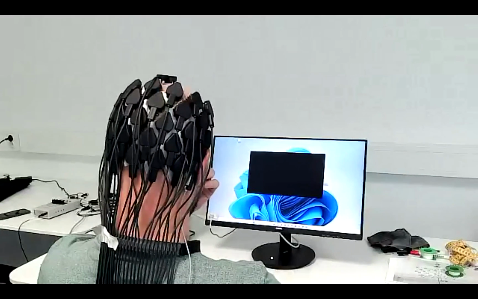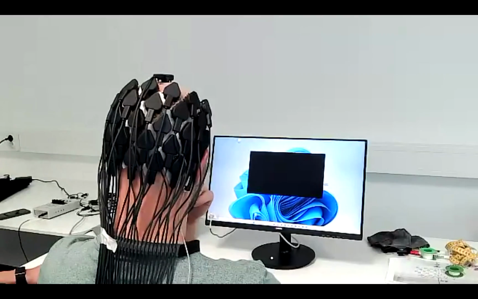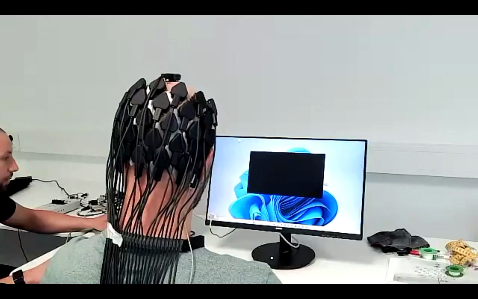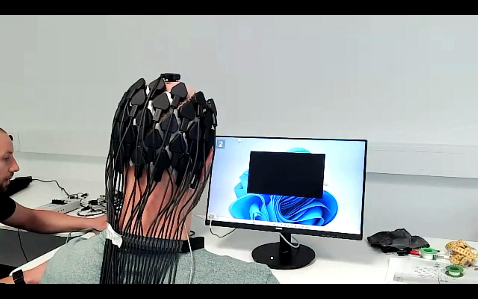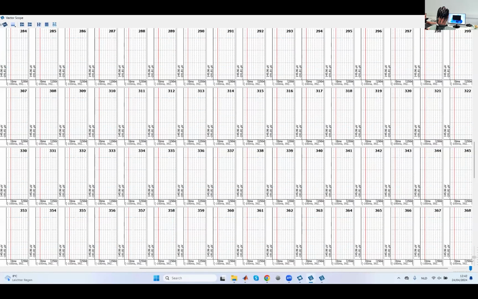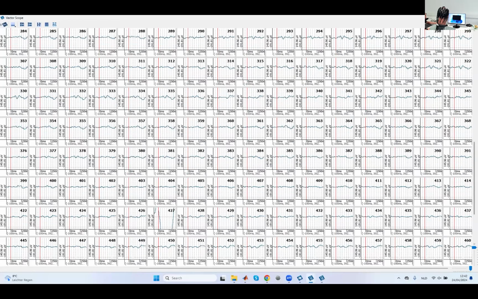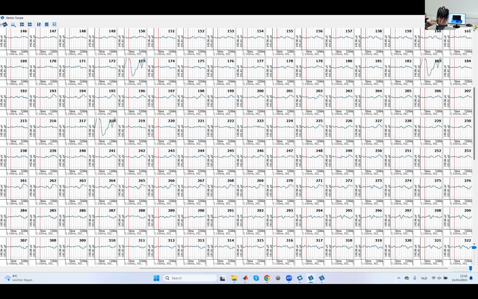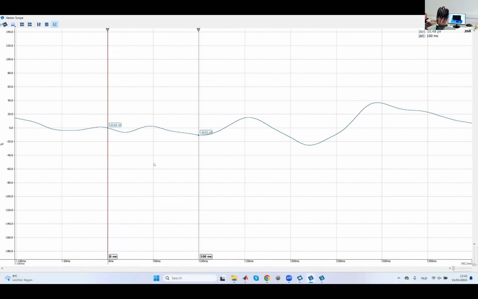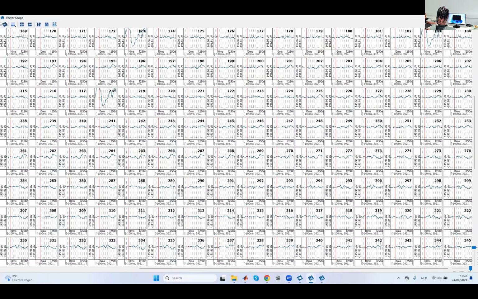And I will show you right now how it works. So I'm joining now with my computer and I will just share the screen. I hope you can see it. We have here all the EPs from the experiment that we just recorded, so these visual evoked potentials. If I zoom in on one, in total we have 512 channels.